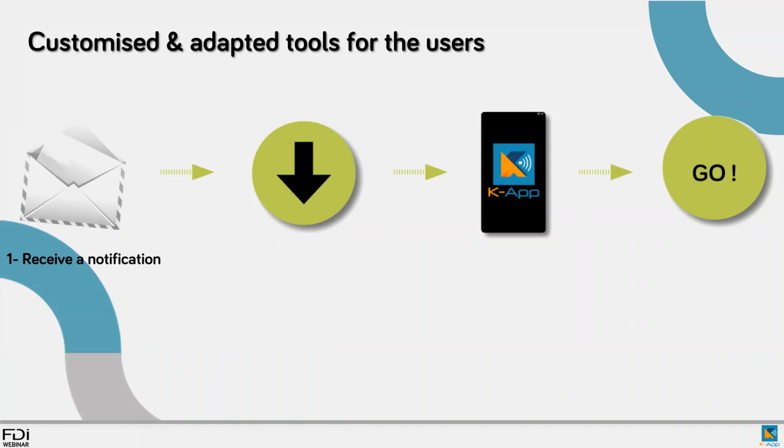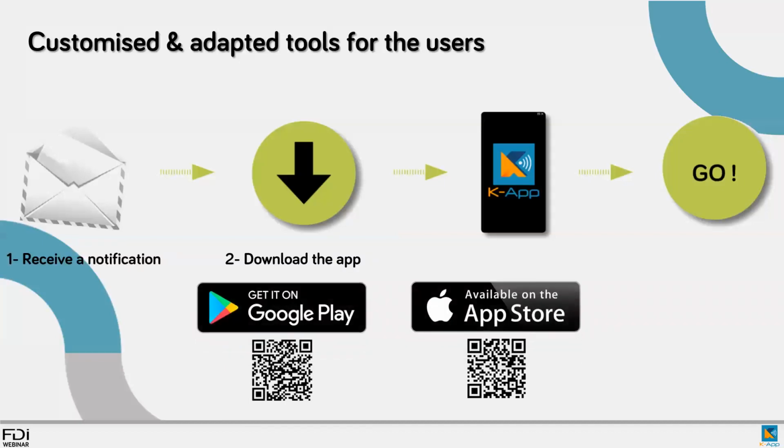He will receive a notification by email, if he has never used the key app, to notify him that a new Bluetooth access has been granted. It will invite him to download the key app. Whatever device you use, the key app is available for free on the Play Store or App Store. Just by clicking on the link you receive by email, you'll be able to download the app easily.